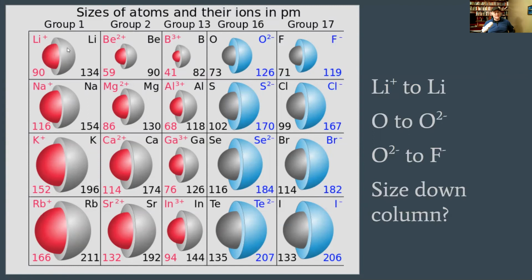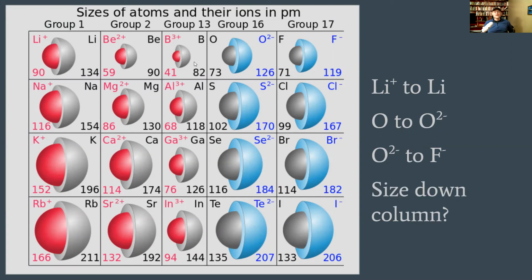So you notice this side is the lithium atom, this side is the lithium ion. Why would that be? If you ended up saying that because lithium lost an electron and also lost that entire outside energy level, it'll end up getting smaller in size, that would be a perfect answer.